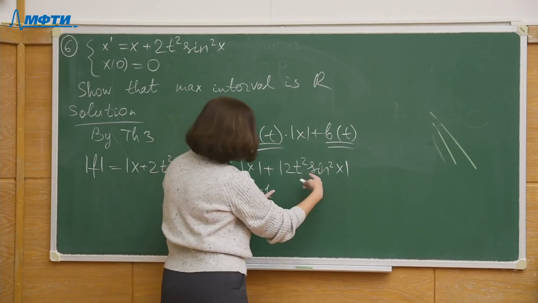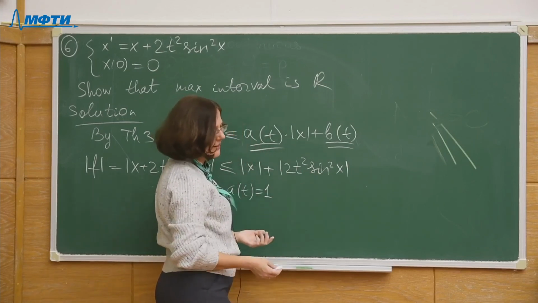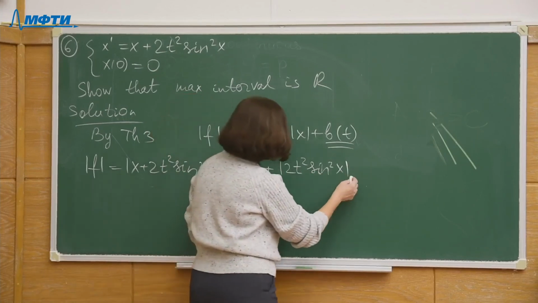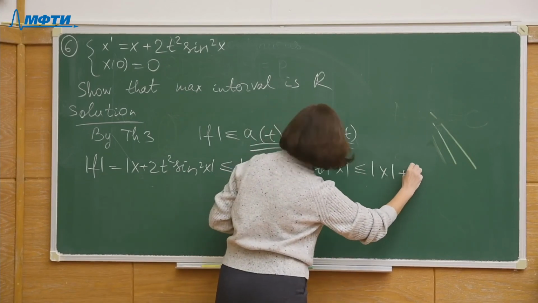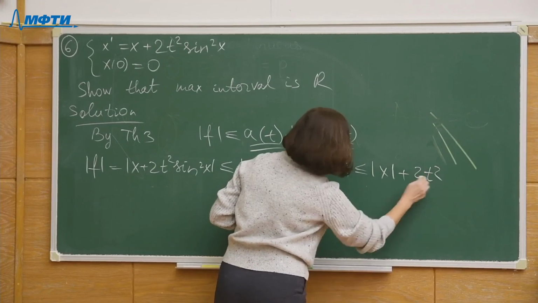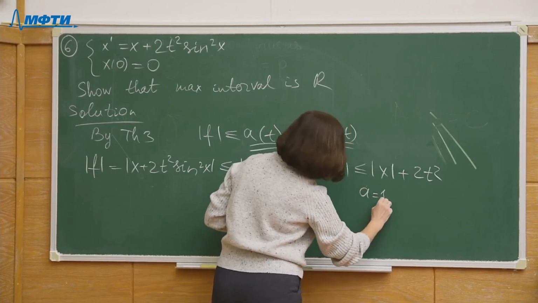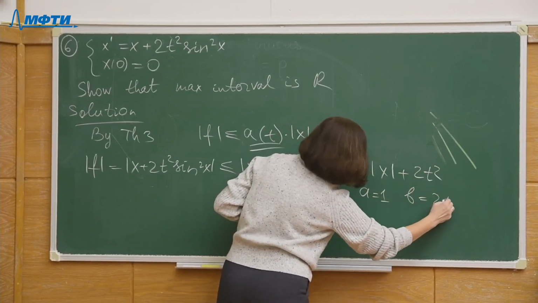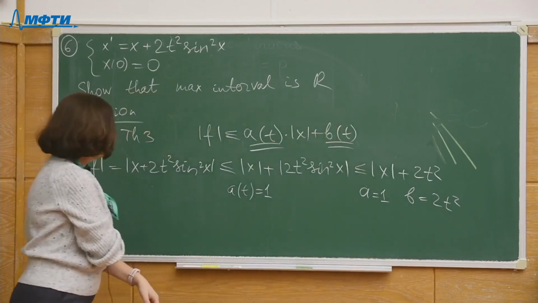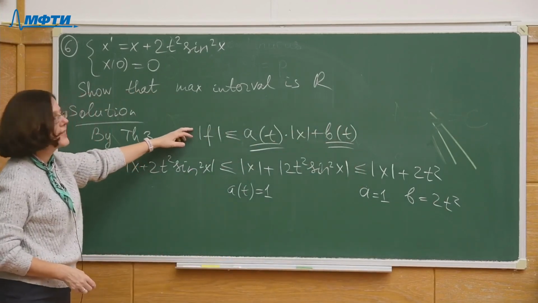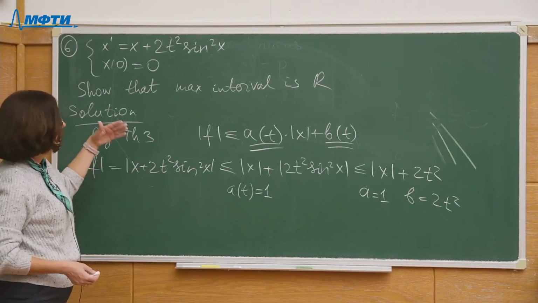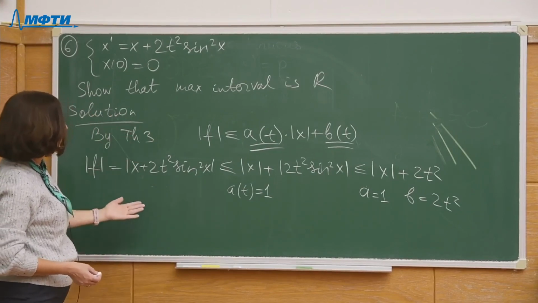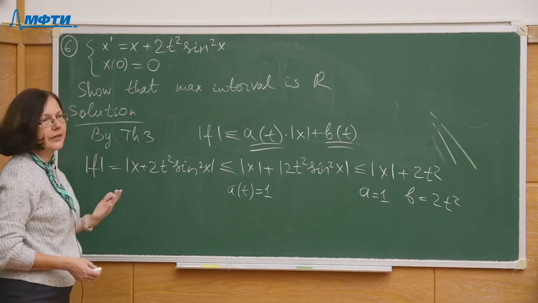But sine squared x doesn't exceed 1, it's less than or equal to 1. So it is less than or equal to absolute value of x plus 2t squared. So a is 1, b is 2t squared. So this condition is satisfied. So by theorem number 3, the solution exists on the entire real line.